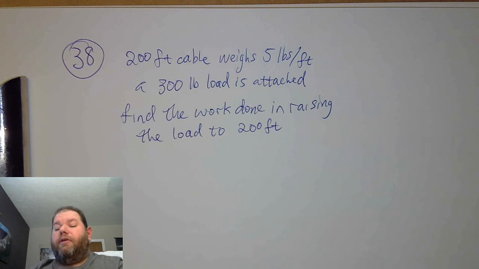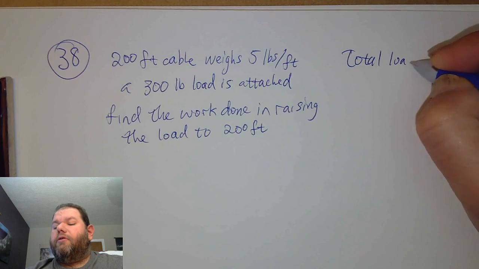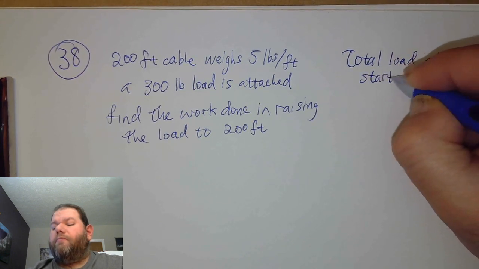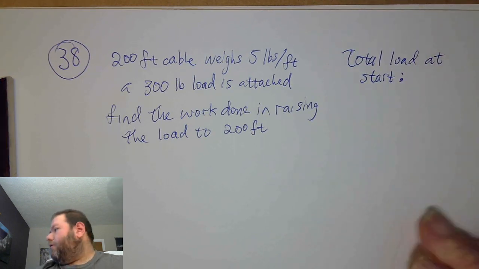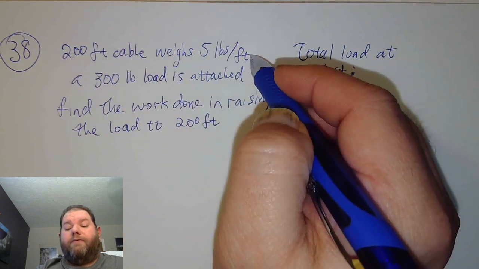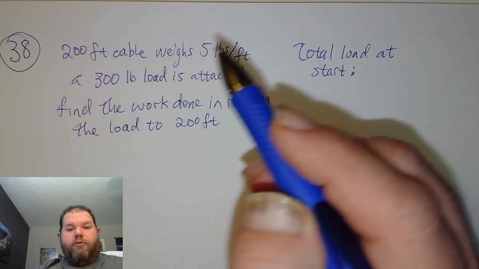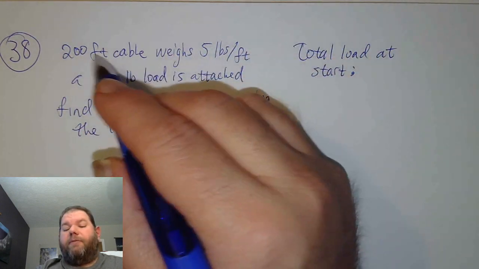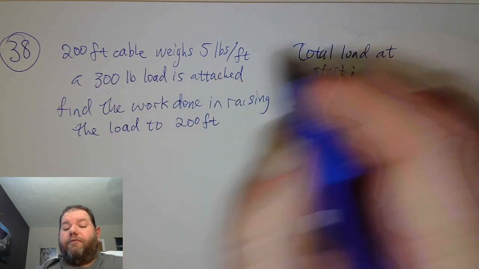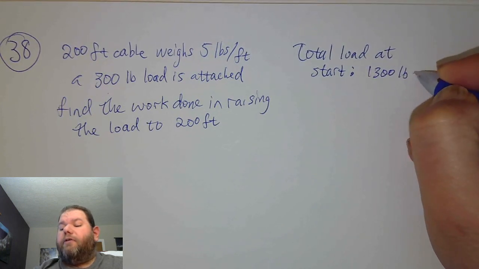So we want to look at the total load at the start of the problem. If we have a 200-foot cable that weighs 5 pounds per foot, the cable itself weighs 1,000 pounds. 5 pounds per foot times 200 feet is 1,000 pounds. And we have 300 pounds attached to it, so we end up with 1,300 pounds at the outset.